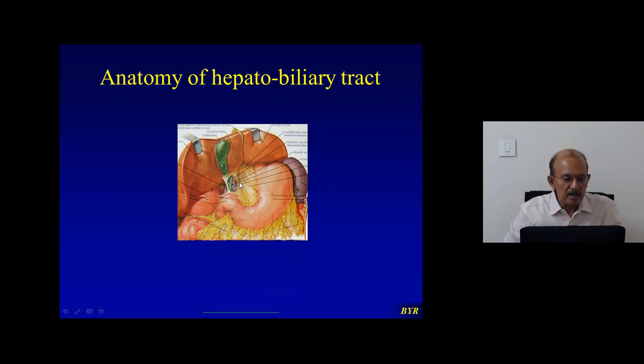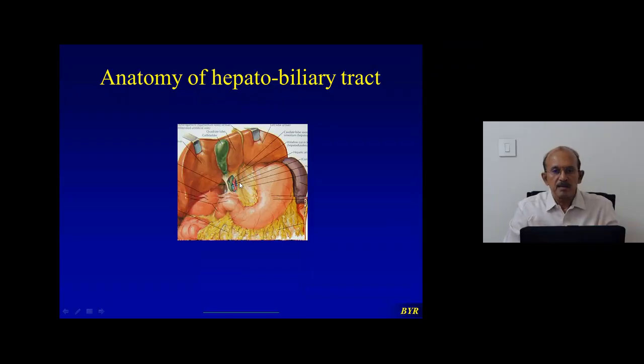Anterior: hepatic artery and bile duct. It is not the portal vein. Then to the right, what is the structure? Hepatic artery, right? No, wrong. Yes, bile duct is to the right. Very good. Hepatic artery to the left. Behind these two structures lies the portal vein. Portal vein will be there on the back side.